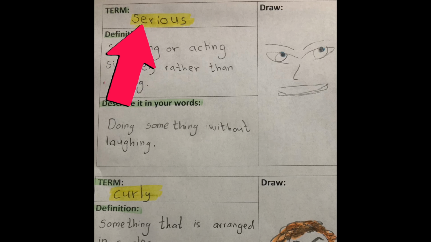First, your students determine what the new word is and they write it down as a new term. Then they write a definition for the new term that they have written down, that they either look up in a dictionary or search online for. And of course, you could introduce them to a variety of websites that have online dictionaries.